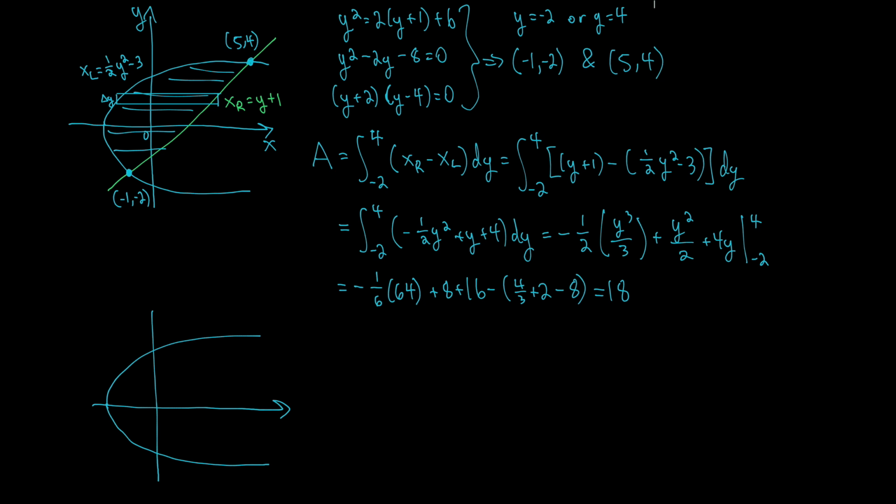And then I'll draw this thing. Still intersects at 5, 4, and then this intersects over here still at minus 1, minus 2. This value where we hit the x-axis is at minus 3 for x.